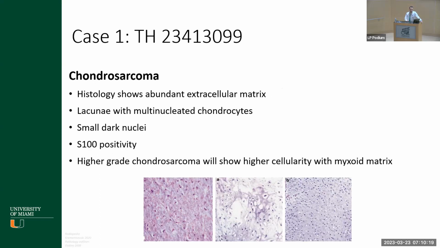As Dr. Saad described the histology, there is abundant extracellular matrix and dark nuclei, S100 positivity, and higher cellularity with a myxoid matrix can be seen in the higher grade chondrosarcomas.